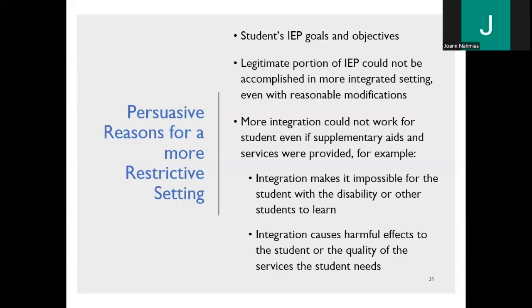If inclusion has harmful effects on the student emotionally, behaviorally, or academically, or if it lowers the quality of services that they need, those are also valid reasons to consider a more supportive, possibly more specialized setting. This is never a decision taken lightly, but it must always focus on what's best for the individual student based on data, observation, and their unique learning needs.